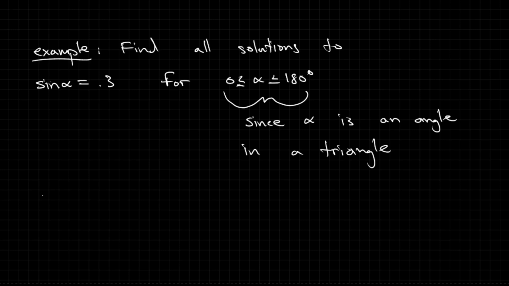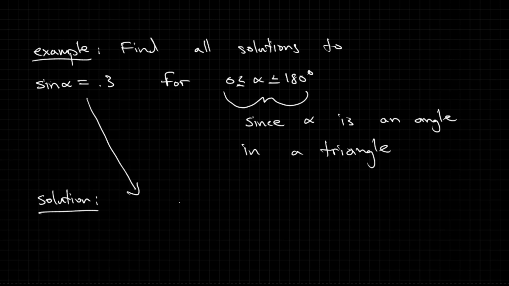So let's see what the subtle point is here that you'll need to remember. I need to solve sine alpha equals 0.3. Previously we talked about the inverse sine function, and we can rewrite this in terms of the inverse sine function in order to find a solution.